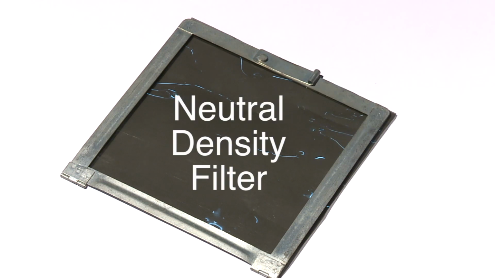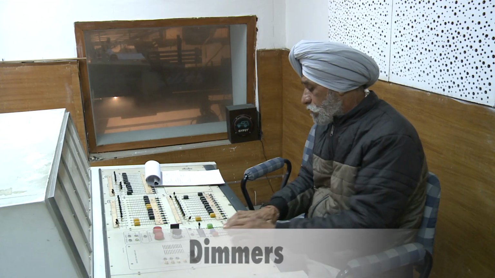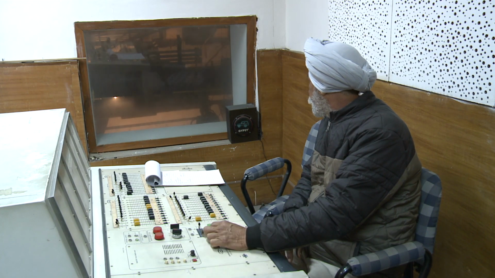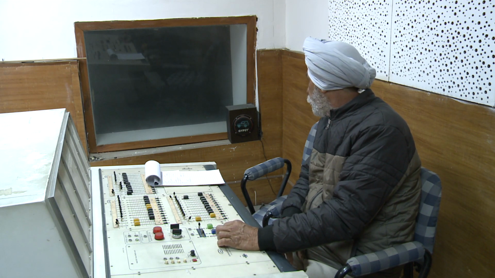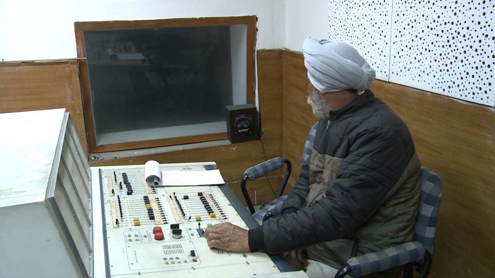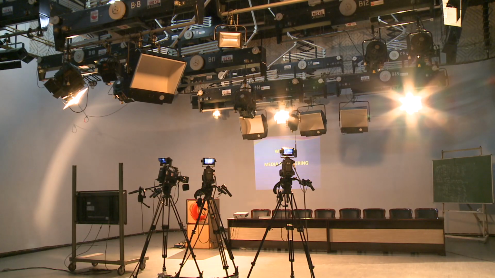Neutral density filter. A neutral density filter cuts the intensity without altering the color of light. Next, dimmers. Dimmers are used to regulate the power of the light source. By using it, we can alter the intensity from total black to maximum illumination.